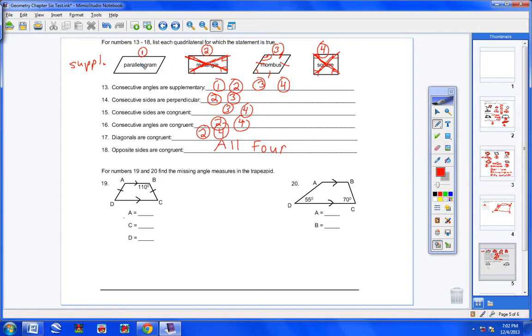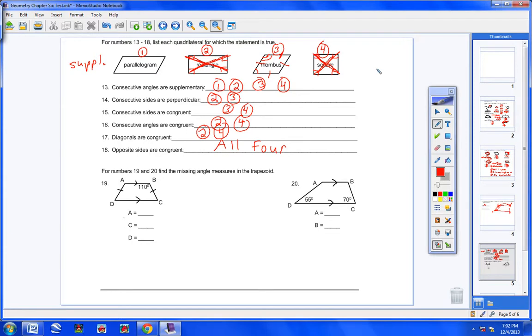And so here we go. This is a parallelogram. A rectangle is a parallelogram. A rhombus is a parallelogram. And a square is also a parallelogram. So we know that if we have a parallelogram, opposite sides are congruent. And since all of these are parallelograms, then all of the opposite sides are congruent.